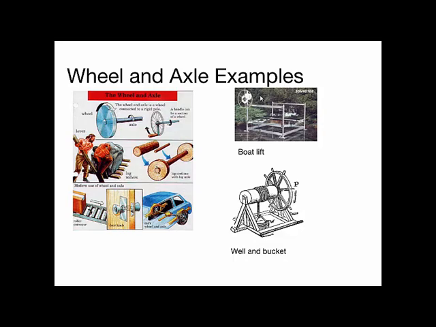In fact, even though this doesn't look like a wheel, imagine it's a wheel that's this big around. They just removed this part or never made this part. So that's the radius of this wheel. If you look at a doorknob back here, which gives a greater mechanical advantage? The handle on that door or this one? That one. This one is a much smaller knob, a much smaller wheel.